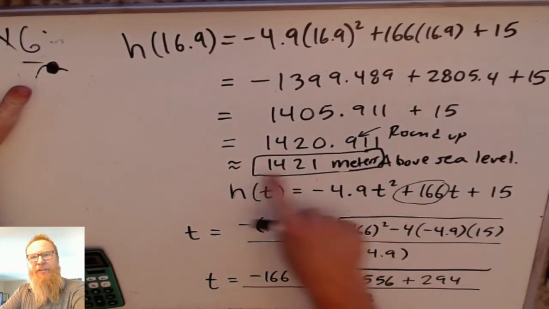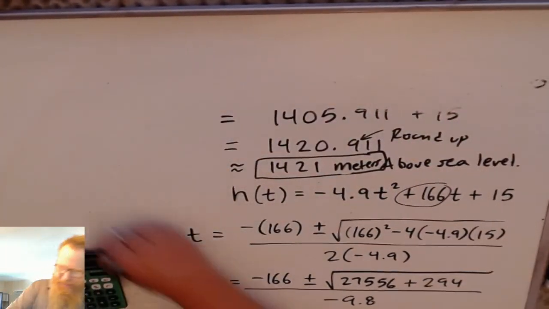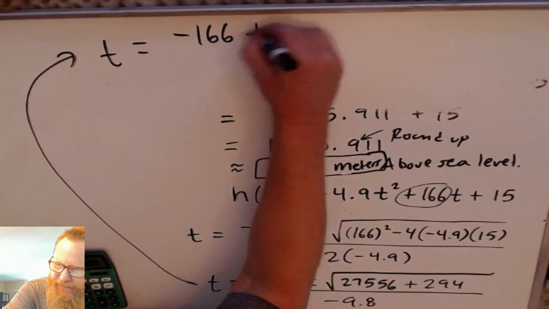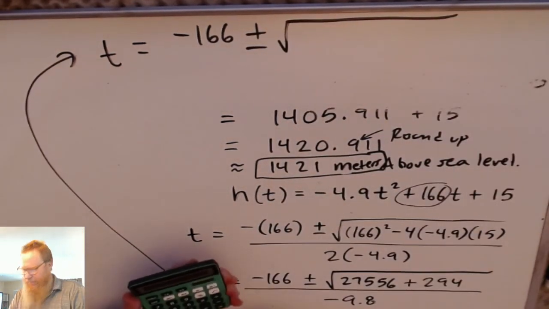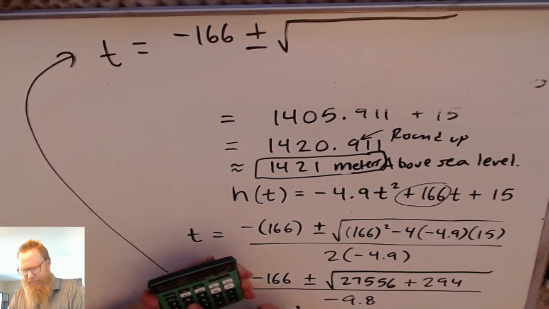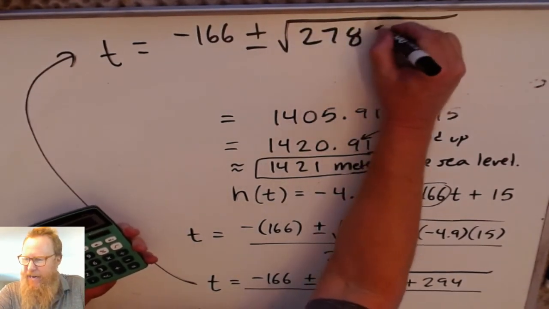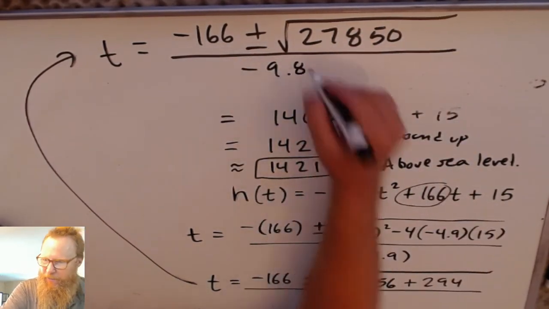We already know the answer to the first question. It's 1,421 meters. Now the second question, we got negative 166 plus or minus the square root of 27,556 plus 294, 27,850, divided by negative 9.8.